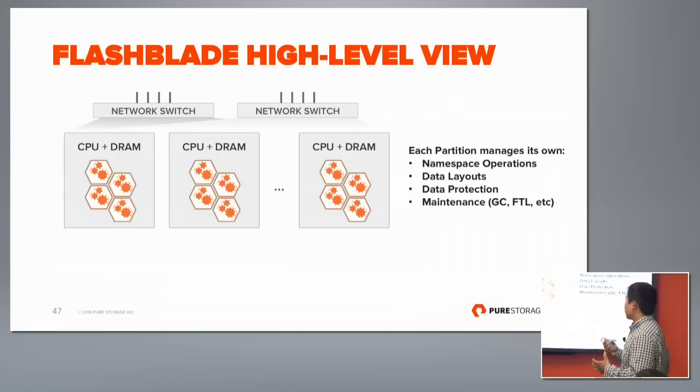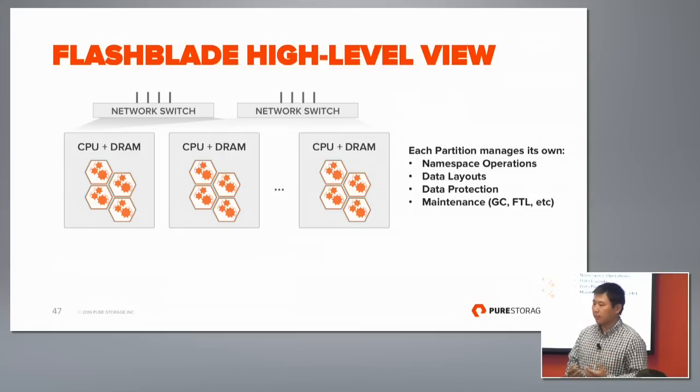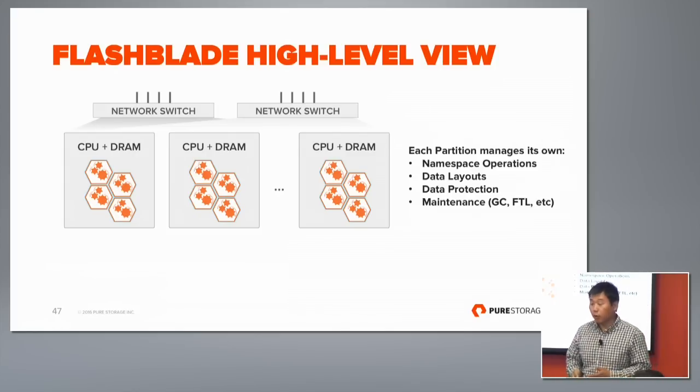We get to split out the responsibilities of creating data layouts, managing data protection, doing background maintenance, GC tasks, FTL tasks, and so on and so forth. The beauty is now these can all run in parallel, right? And that parallelism is really key to achieving scale. This is what gives us the confidence that as we add more blades in the system, as we add more CPU and DRAM, we can take advantage of that CPU and DRAM because each of these partitions is more or less independent.